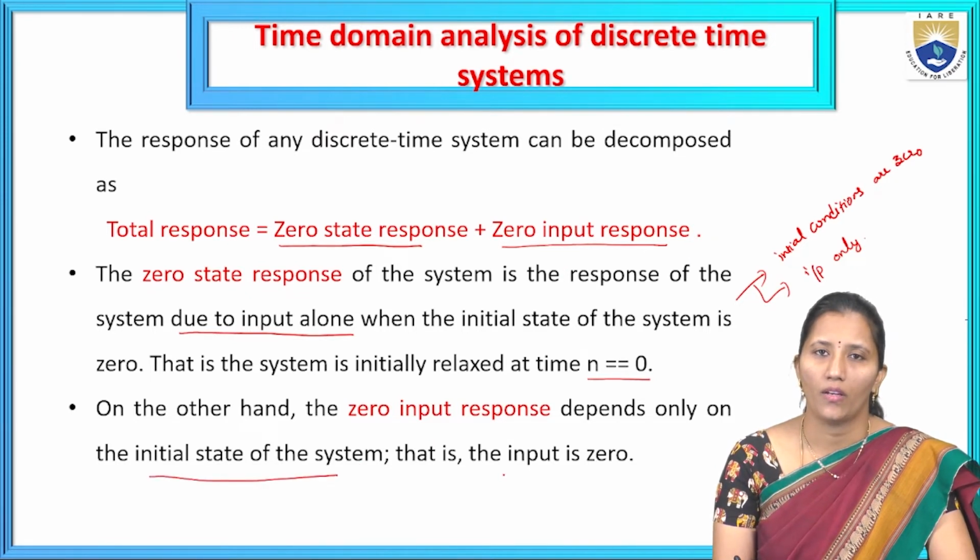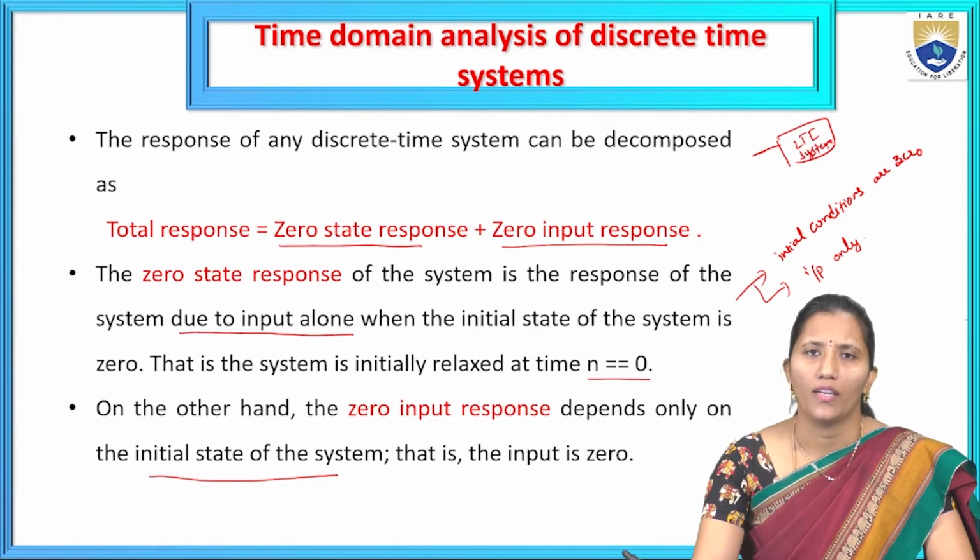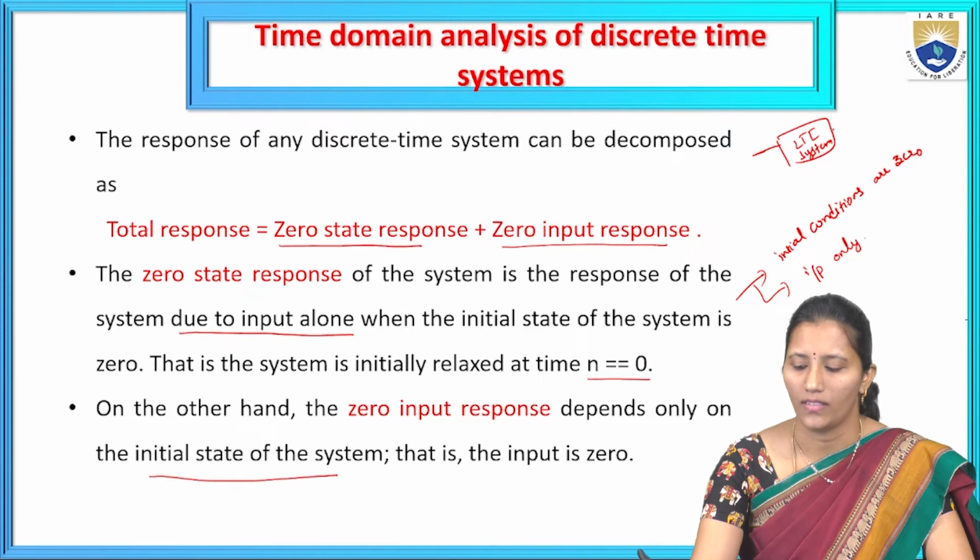Here we have to assume an input to the system, whatever the LTI system is there. We are going to find out the response of the LTI system either by using the convolution sum, or by solving the difference equation in the time domain analysis of the discrete time system. So here we are giving x of n, and we have to find out the response y of n.